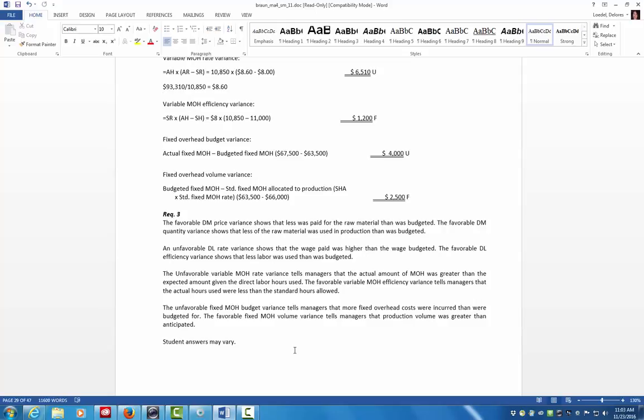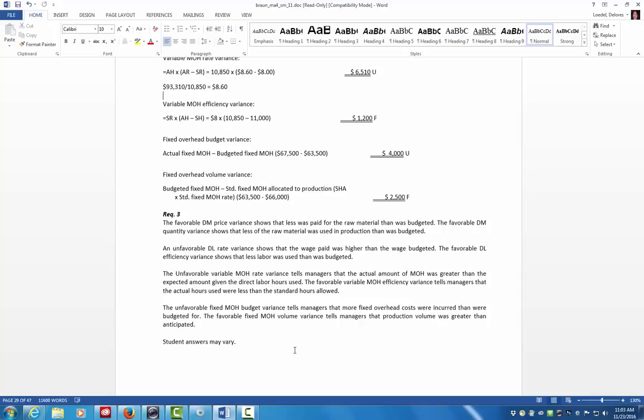Now that you've read through requirement 3 and the answers there, the final question was, are there any variances likely to be interrelated? There's several that could likely be interrelated.